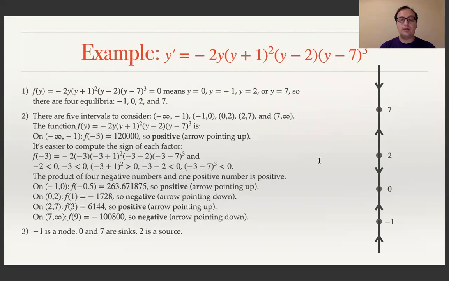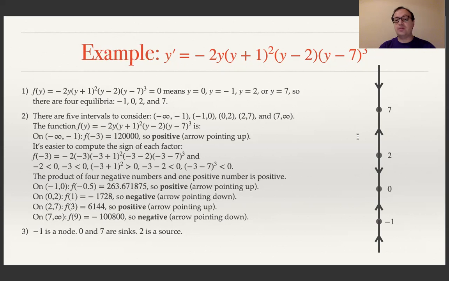And let me underline again that the phase diagram, so this phase line, can be used to understand the behavior not only of equilibria, like -1, 0, 2, and 7, but also of solutions that live on the intervals between the equilibria. For example, a solution that starts with an initial value between 2 and 7, let's say your initial condition is that y of -1 is equal to 5.